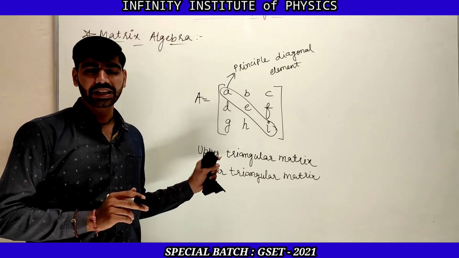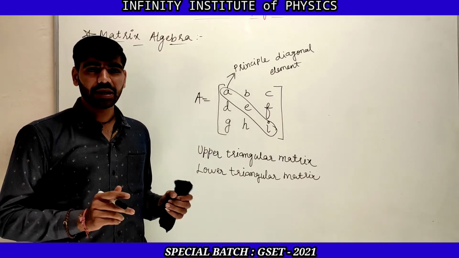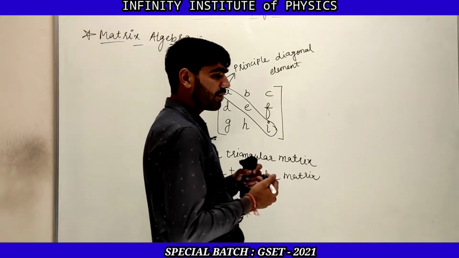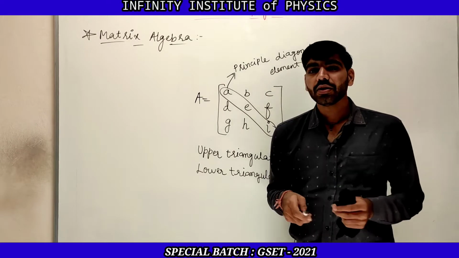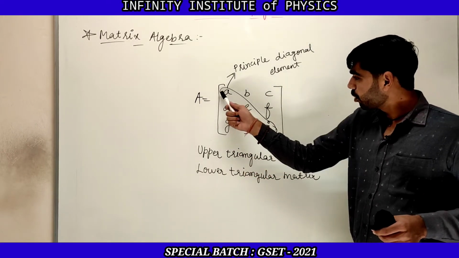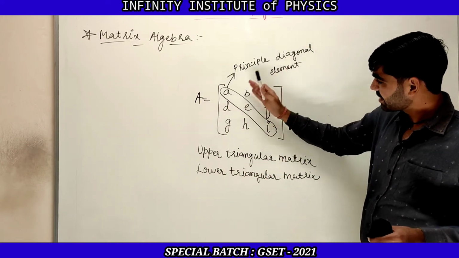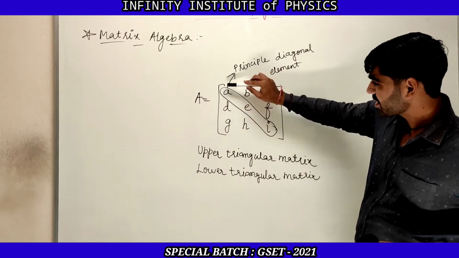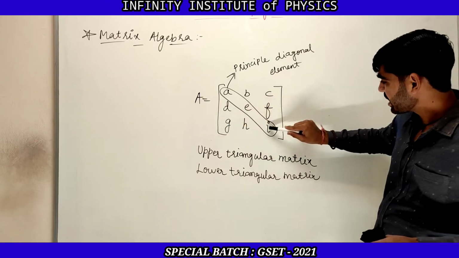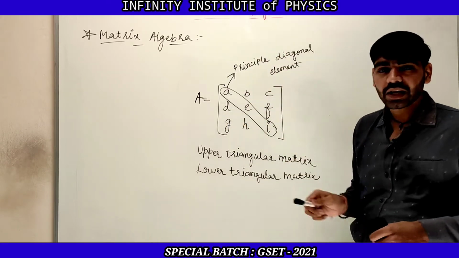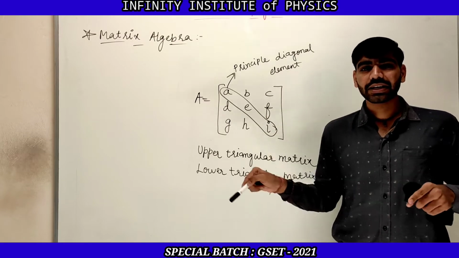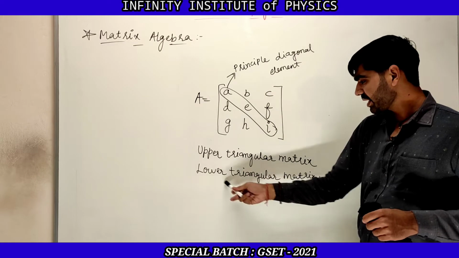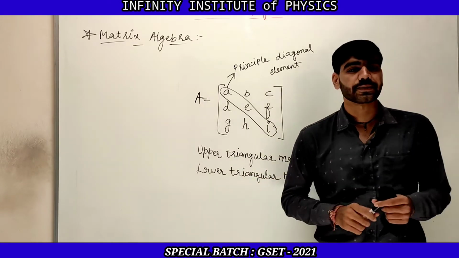This is only for a 3 by 3 matrix, but you can generalize it for n by n. So the general definition is that if all the entries above the principal diagonal are 0, then it is said to be lower triangular, because if you draw a line through A, D, G, then G, H, I, then I, E, A, it is a triangle on the lower side of the matrix, so that's why it is a lower triangular matrix.